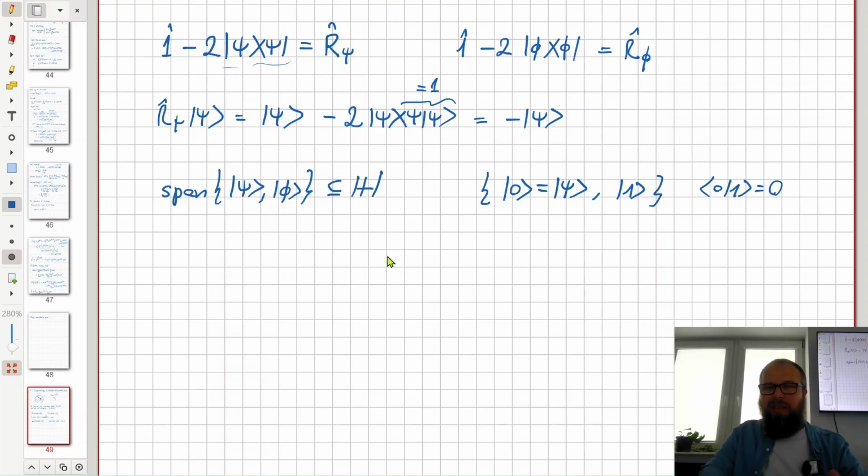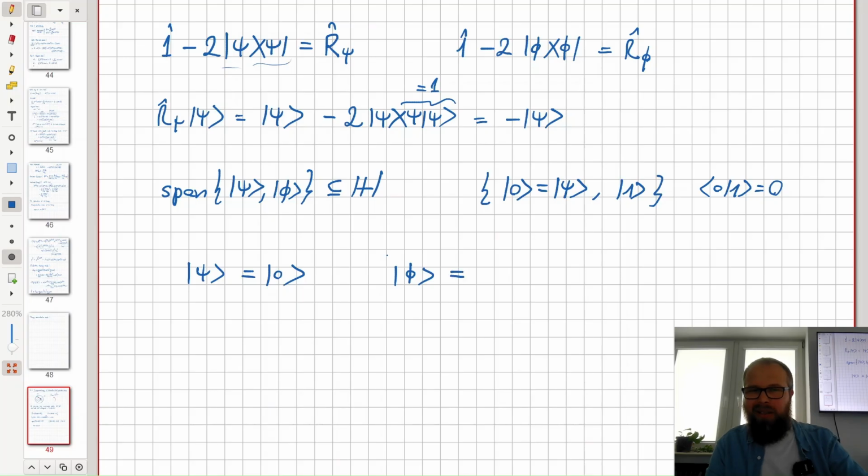And moreover, we can pick this basis in such a way that psi is just equal to the 0 vector, but phi would be equal to cosine theta times 0 plus or minus sine theta times 1, something like this, with theta smaller than pi over 2.